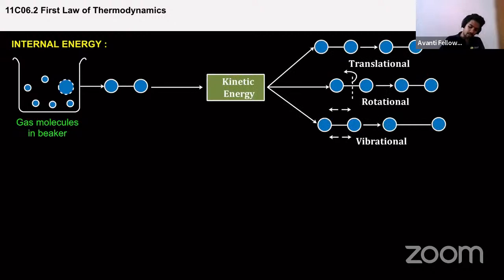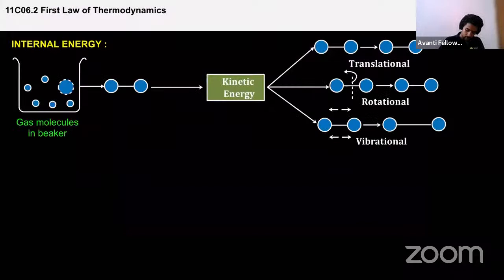Now let's say translation energy. There is x-axis, y-axis and z-axis. There is a molecule here, it can move along the x-axis, along the y-axis, along the z-axis. All these axes are possible.